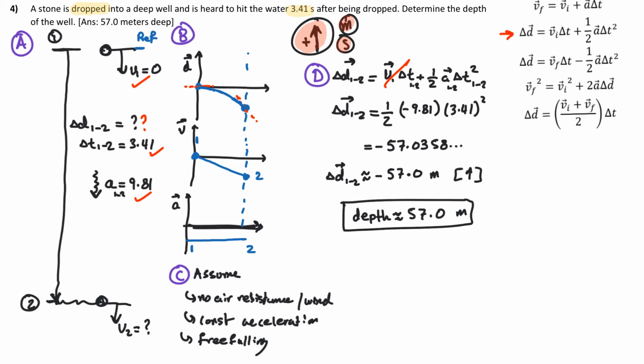So that's something to take into consideration. If it took 3.4 seconds and it was slowing down, that might mean the actual depth might be something bigger than what we calculated.